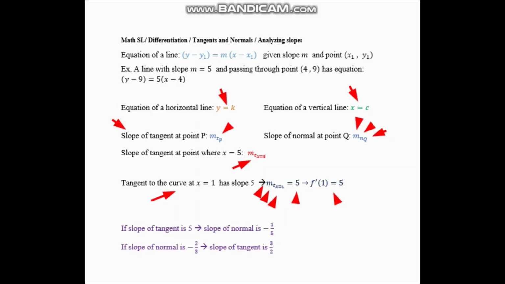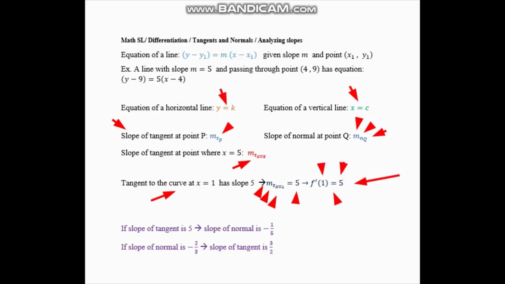F dash of x equals m, the slope. So what is the slope at the point? It's the value of f dash at this point. This is a very important concept. If you don't know it or don't understand it, you need to review this before we start. Again, the slope at the point where x is 1 is represented by f dash of 1. The slope at point x equals 2 is represented by f dash of 2, and so on and so forth.